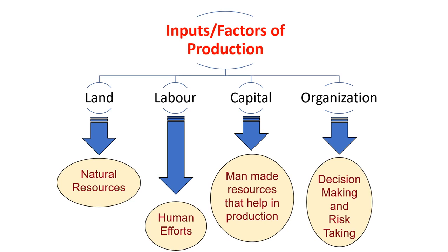Last is organization or entrepreneur. There is a need for a person or a group of persons that makes all the decisions regarding how many laborers of which skill set to hire, what kind of capital to use, which product to produce, in how much quantity it should be sold, in which kind of market, at what price, and so many other decisions.